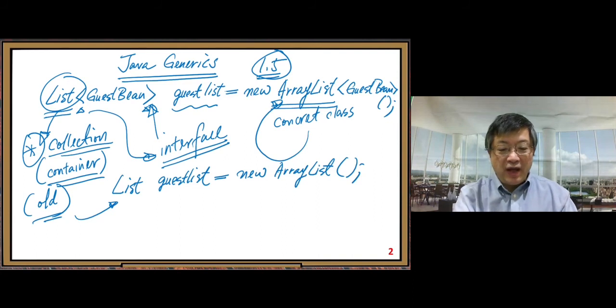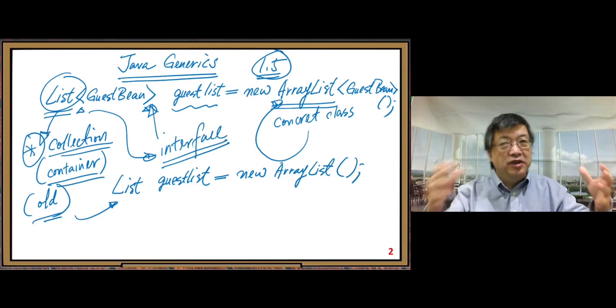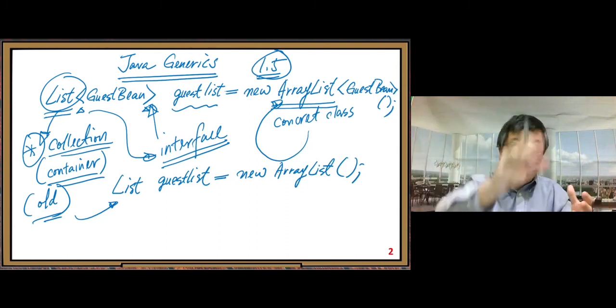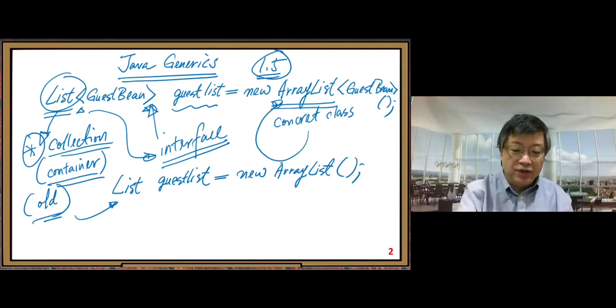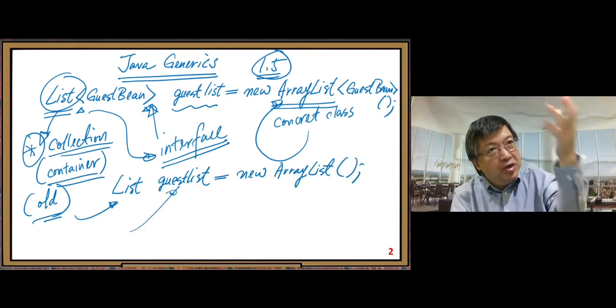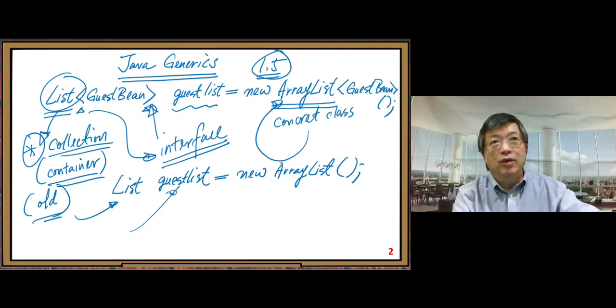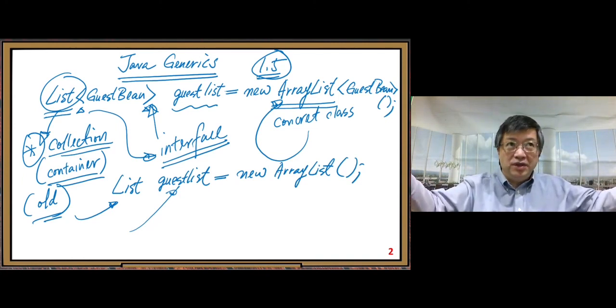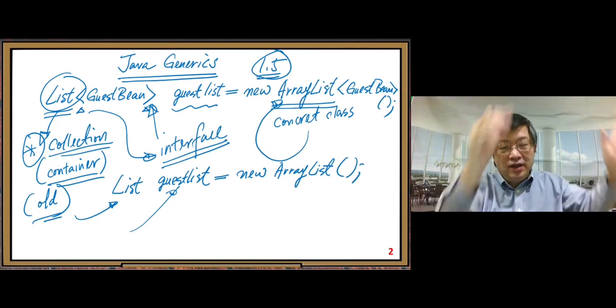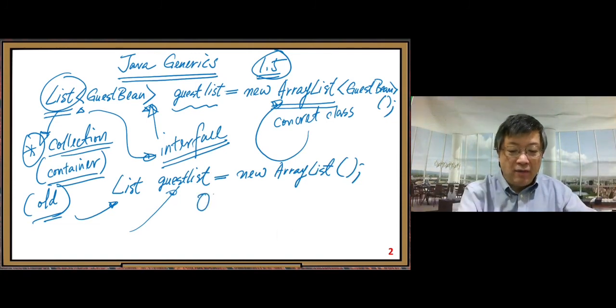So then, what's the problem? After you do that, it's a container, right? It's a collection. You can place objects one by one into this collection object. The question is, what kind of object can you place into it?